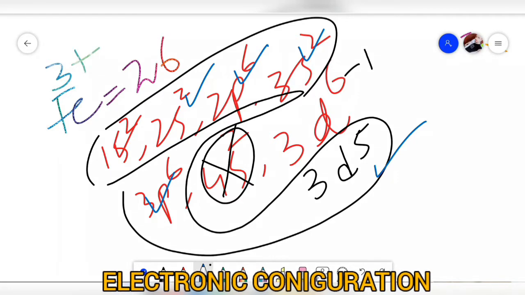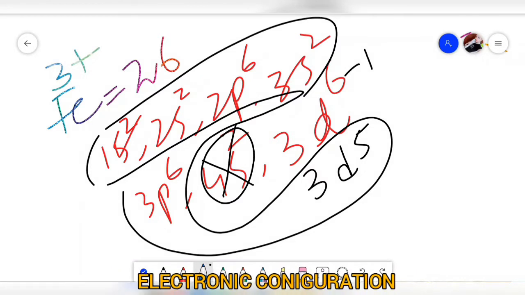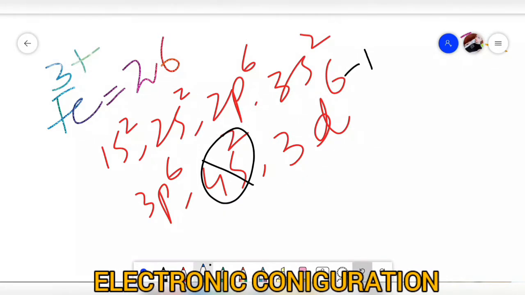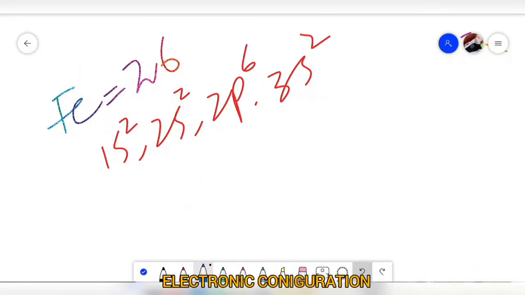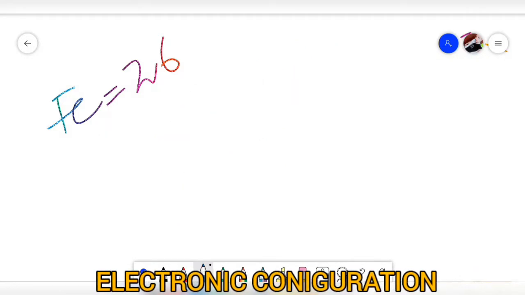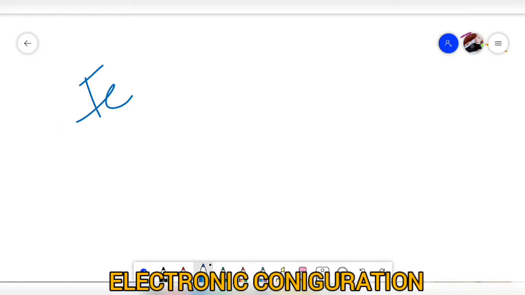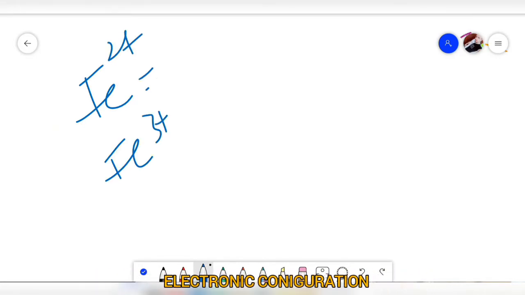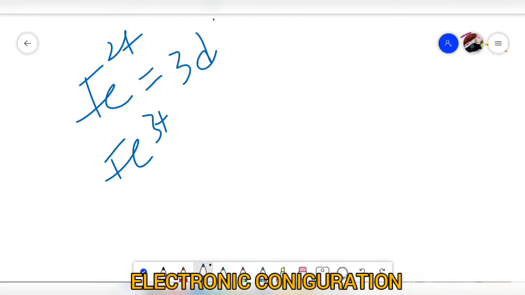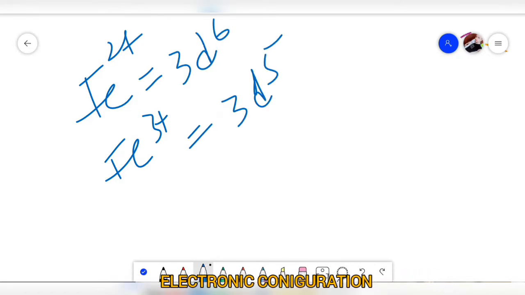Now, let's come towards the question. The question was, which configuration is more stable? The 3d5 or the 3d6? Fe2 plus and Fe3 plus. This one ends up with 3d6 and this one ends up with 3d5.